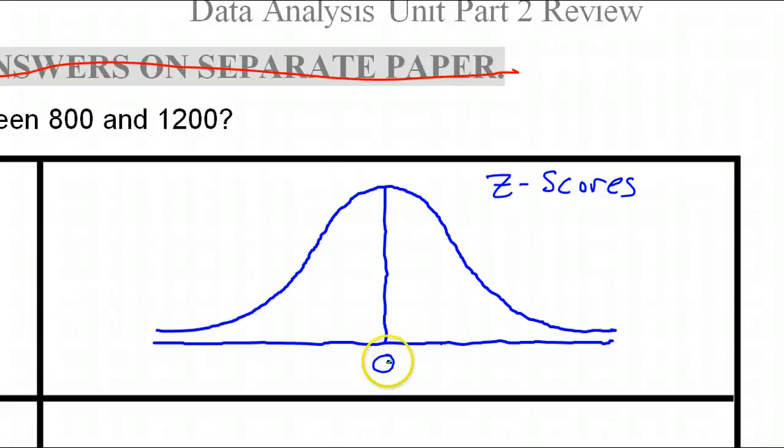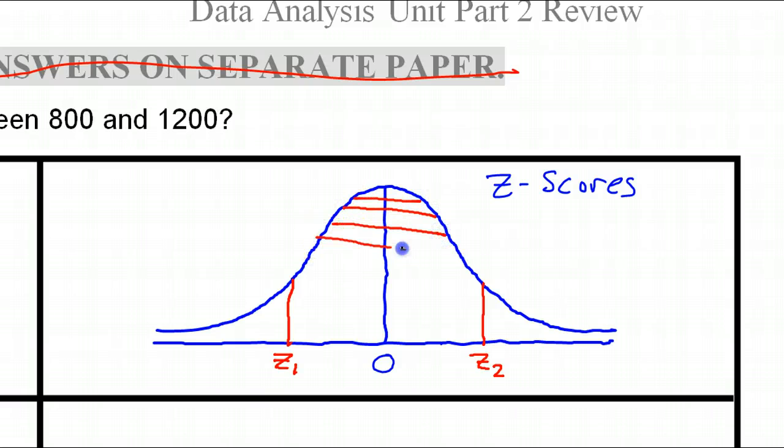Don't forget, 0 will always be in the middle of the z-score, and don't forget to label it as z-scores. So we're going to have a z-score over here and a z-score over here. Now we don't know what these are yet, so I'm going to call them z1 and z2 temporarily. But once again, we are interested in what lies between them.